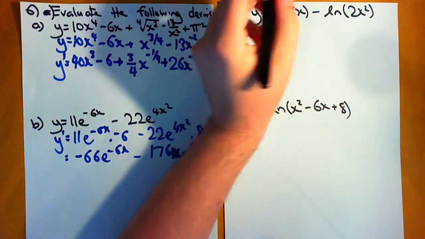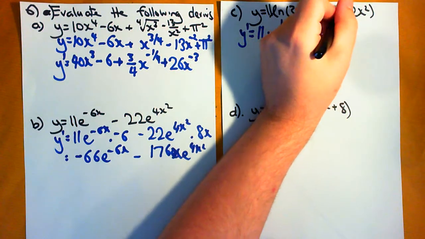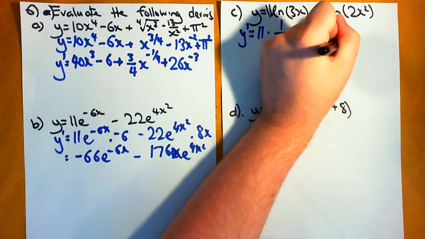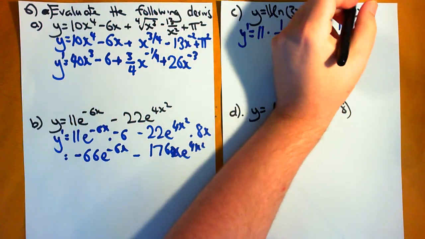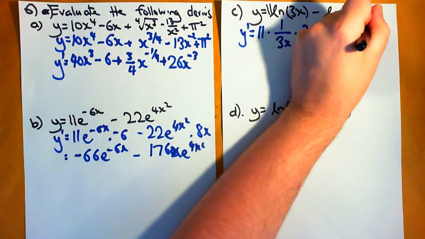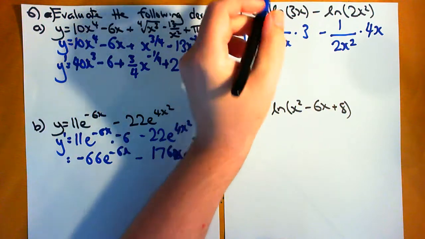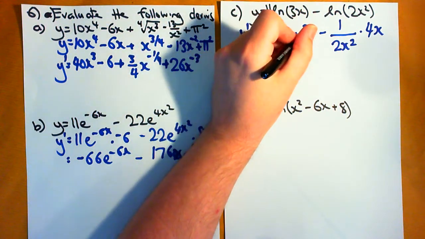So 3x differentiates to 3 minus, here we've got log of something, so if we differentiate that we get 1 over the bracket, so 1 over 2x squared, times the derivative of that bracket, which is 2x squared differentiates to 4x.